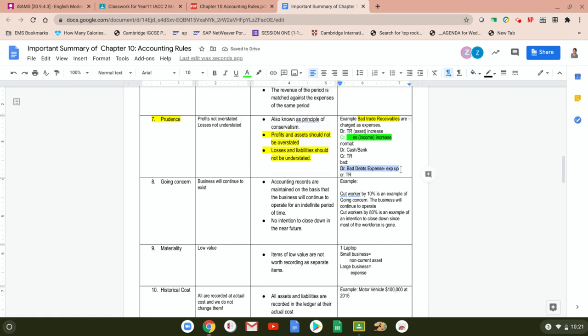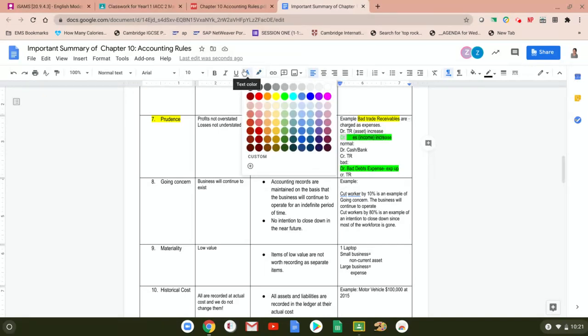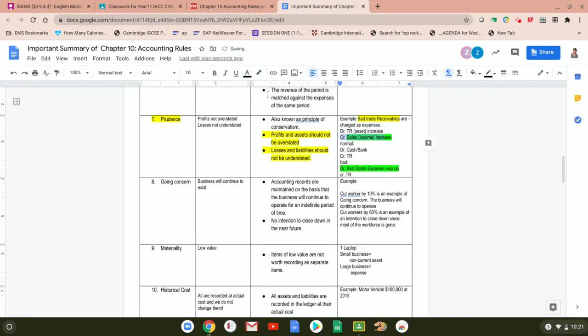So instead of charging it to an income account, you are now making it an expense. I hope that's clear. You are now removing that income and putting it into an expense account.